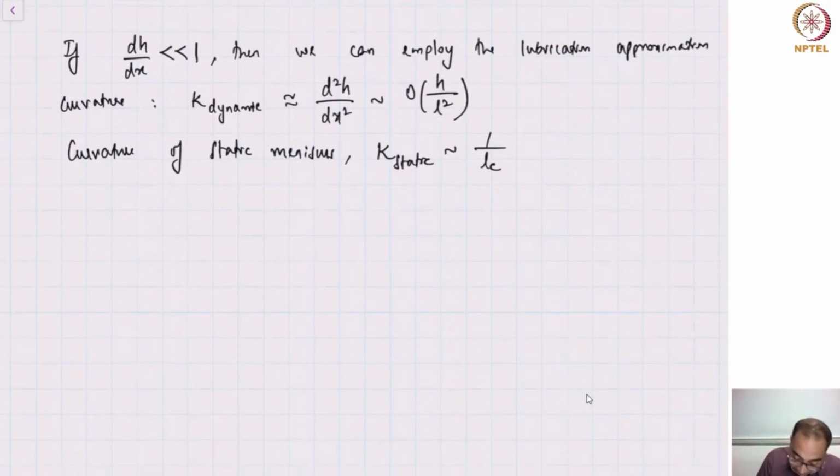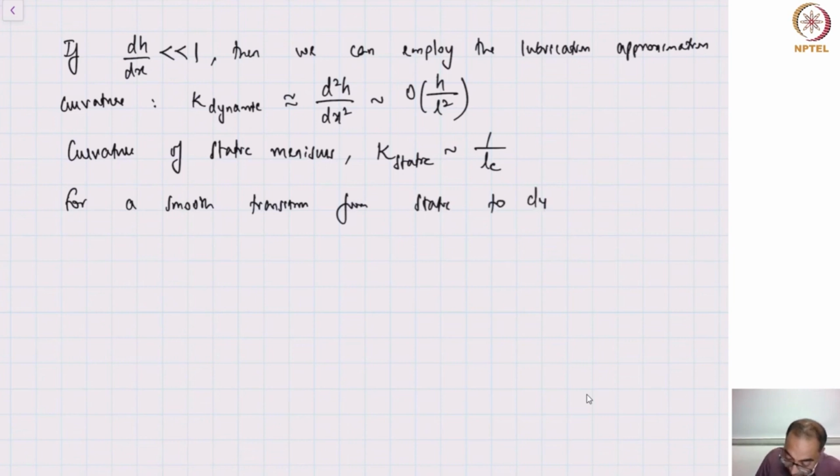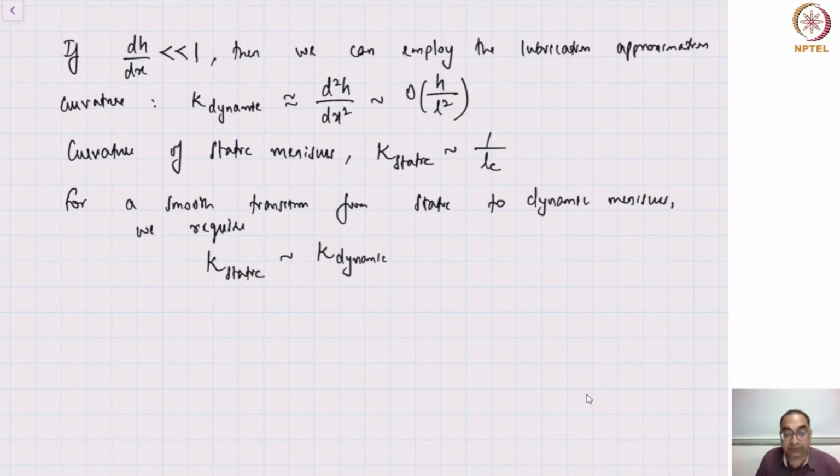And therefore, for a smooth transition from static to dynamic meniscus, we require the curvatures on the static region to match the curvature in the transition region.